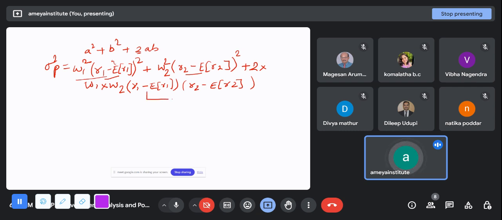So now let's see these last two: return of first asset into return of second asset minus expected return on the second asset. Now it's a variance, okay, variance what? When two assets are there, we can write this as the covariance between 1 and 2, right?